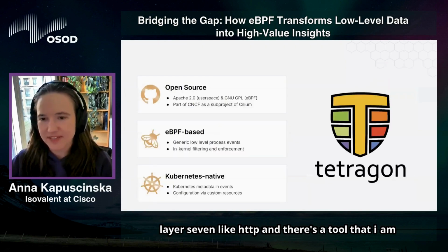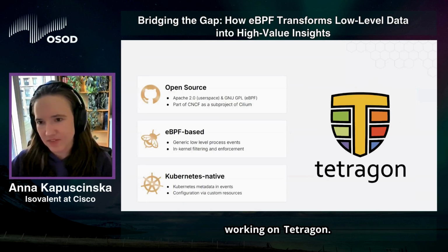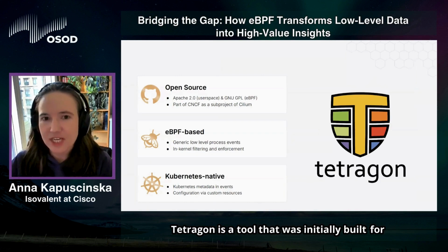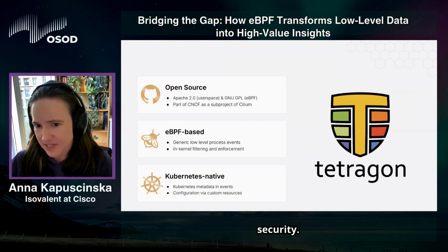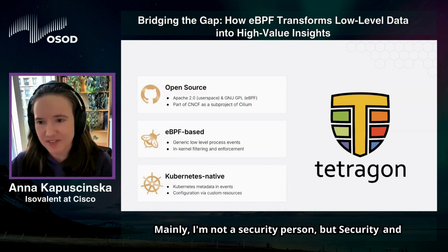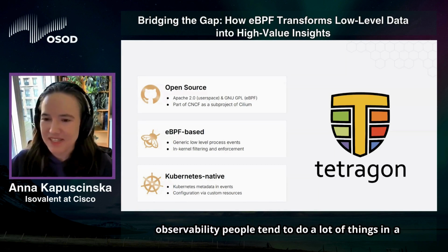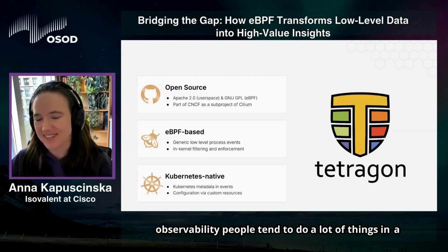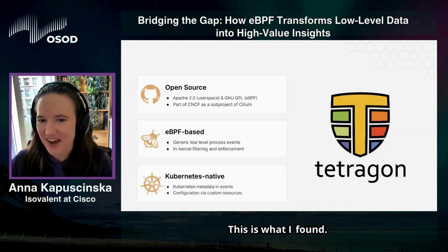And there's a tool that I am working on, Tetragon. Tetragon is a tool that was initially built mainly for security. I'm not a security person, but security and observability people tend to do a lot of things in a similar way. This is what I found.